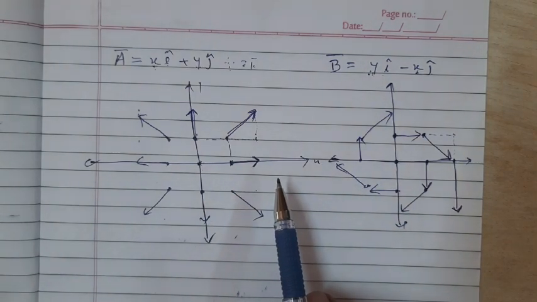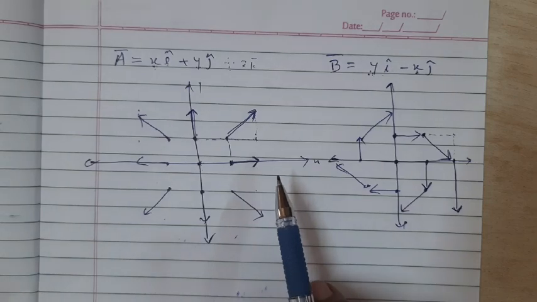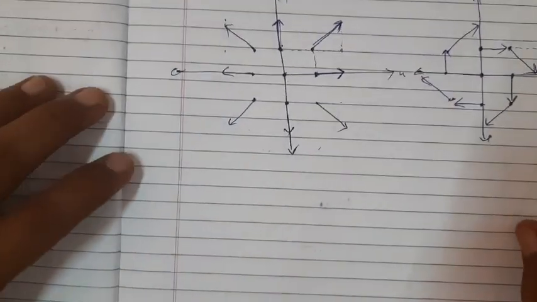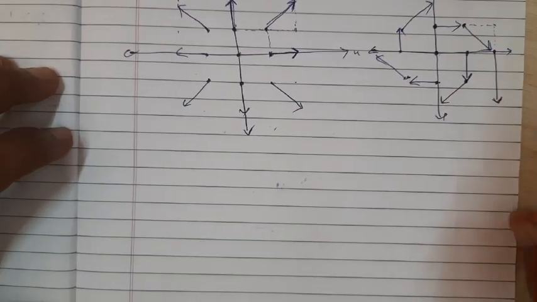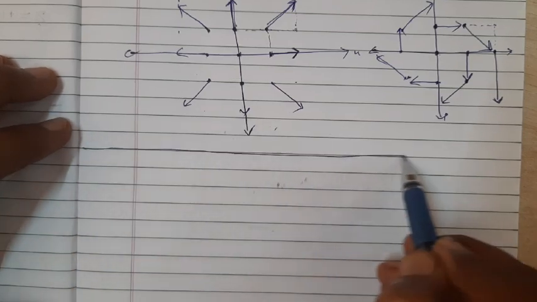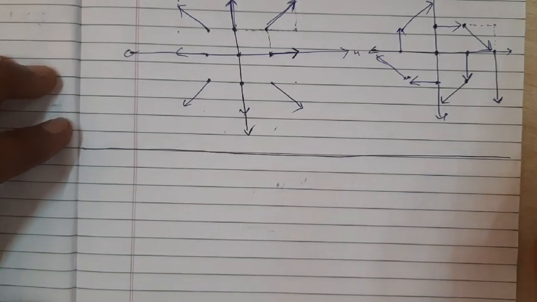But typically, in this video we have observed what is the meaning of scalar function and what is the meaning of vector function. Now for the sake of use of these functions, in this unit we may not use real physical functions, that means functions which represent real physical quantities. We may use random functions.